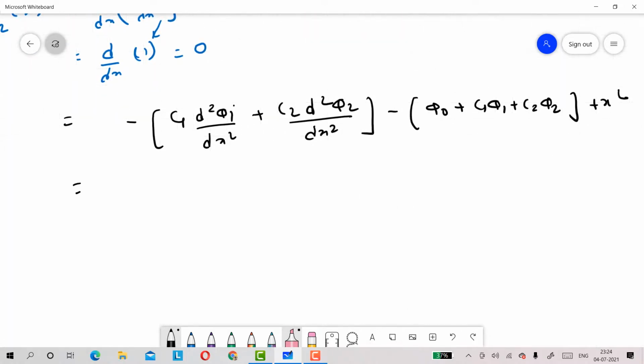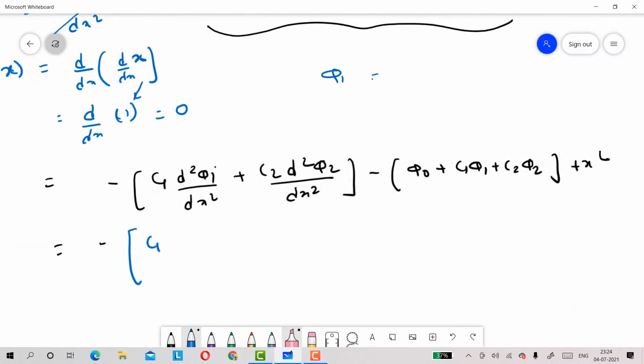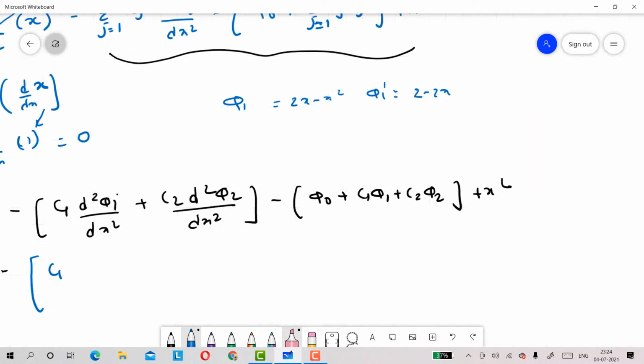Now we know that phi 1 equals 2x minus x square. Phi 1 dash will be equal to 2 minus 2x, and phi 1 double dash, or we can call it d square phi 1 over dx square, means double differentiation, and double differentiation will be equal to minus 2.